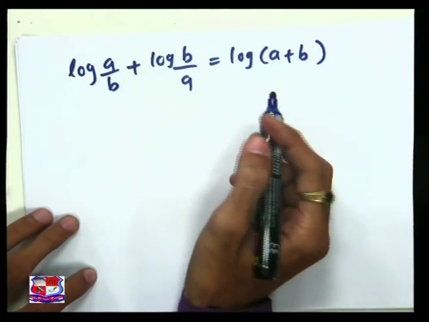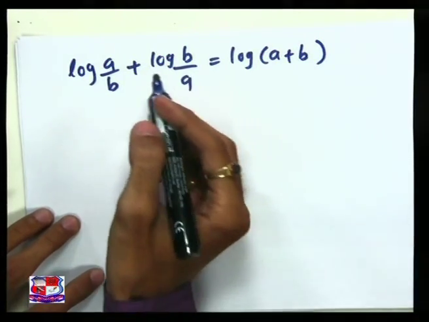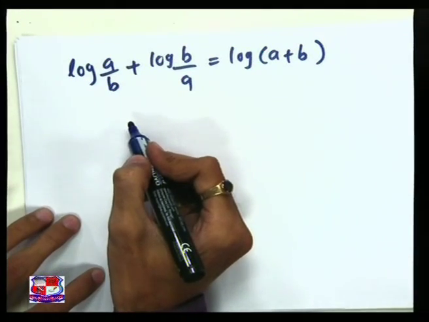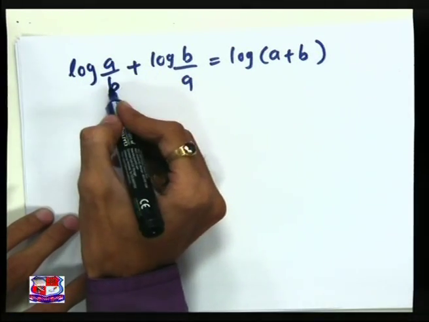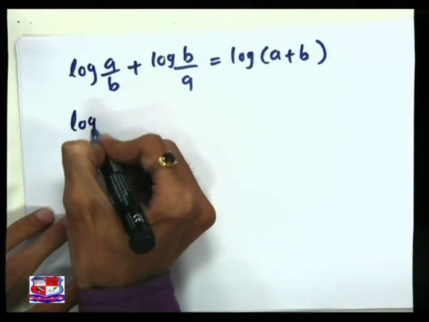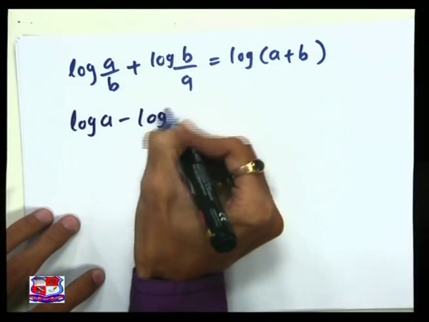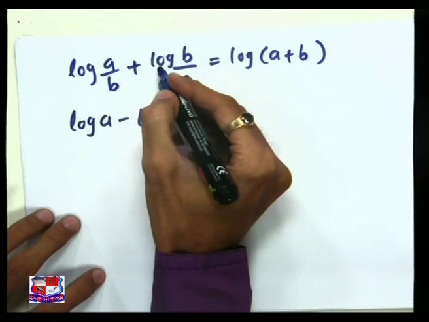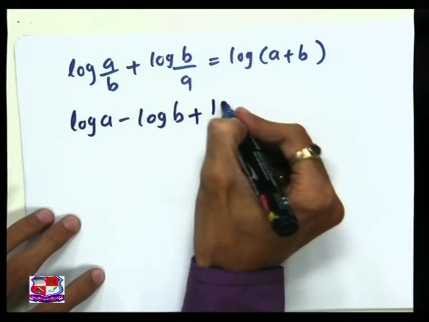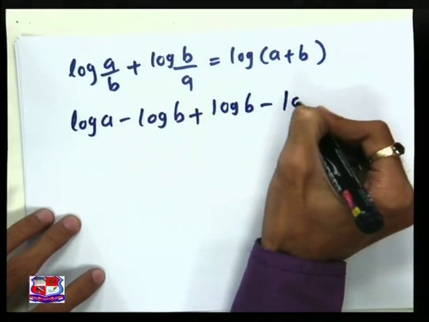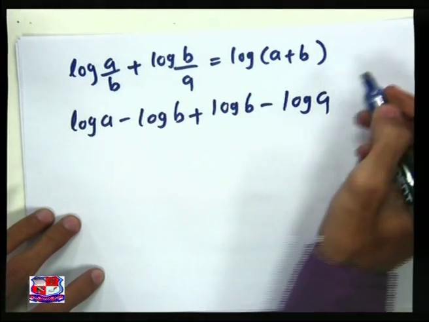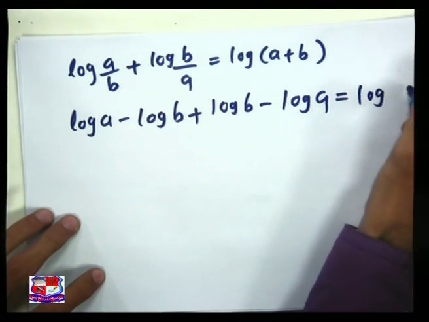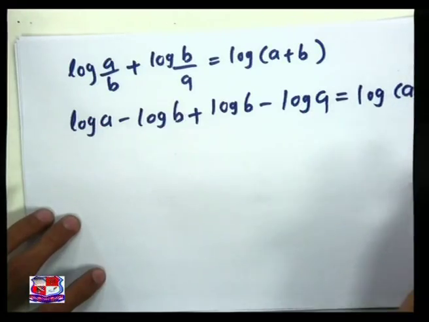From here we can say that log a upon b is log a minus log b, and log b upon a is log b minus log a, right? So this is equal to log a plus b.